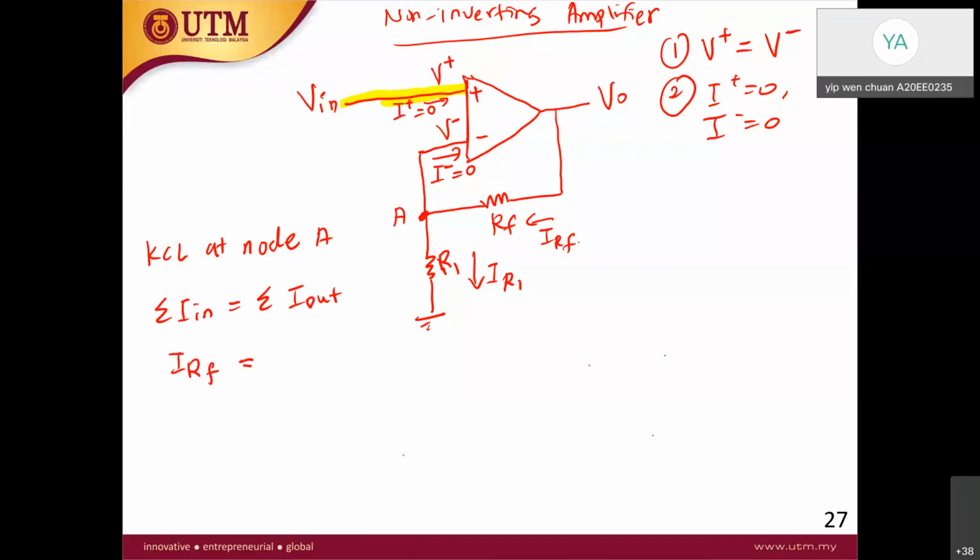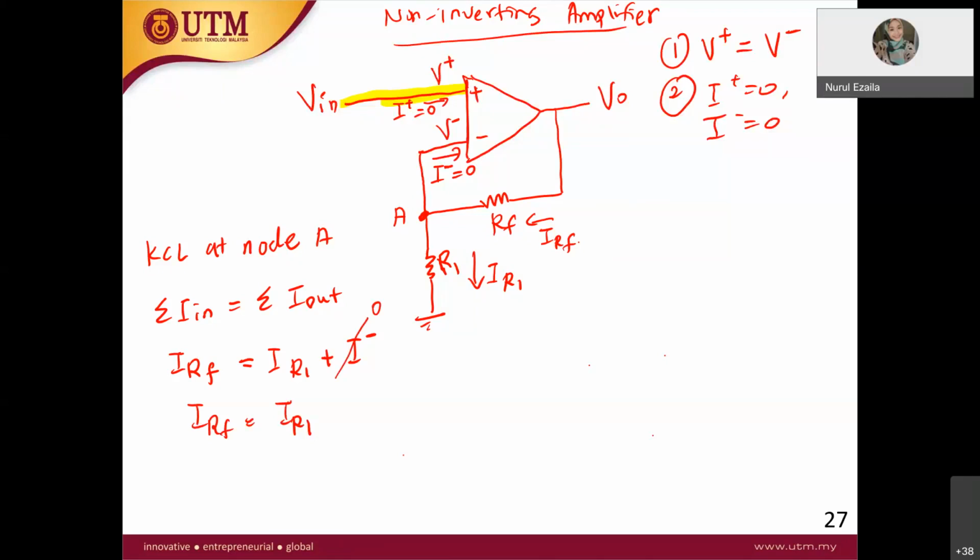IR1 and I negative. Correct, IR1 plus I negative, and I negative equals 0. So the equation is left with IRF equal to IR1.